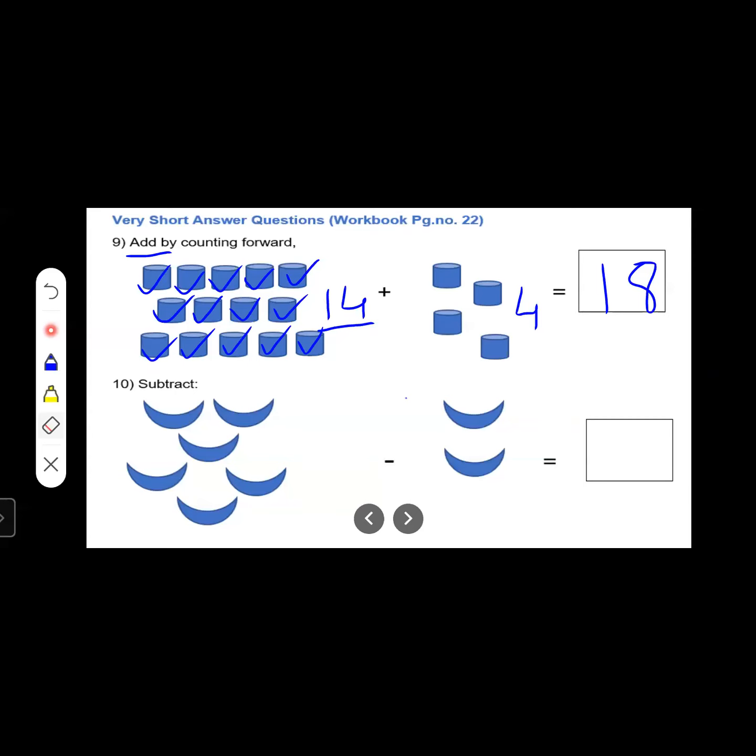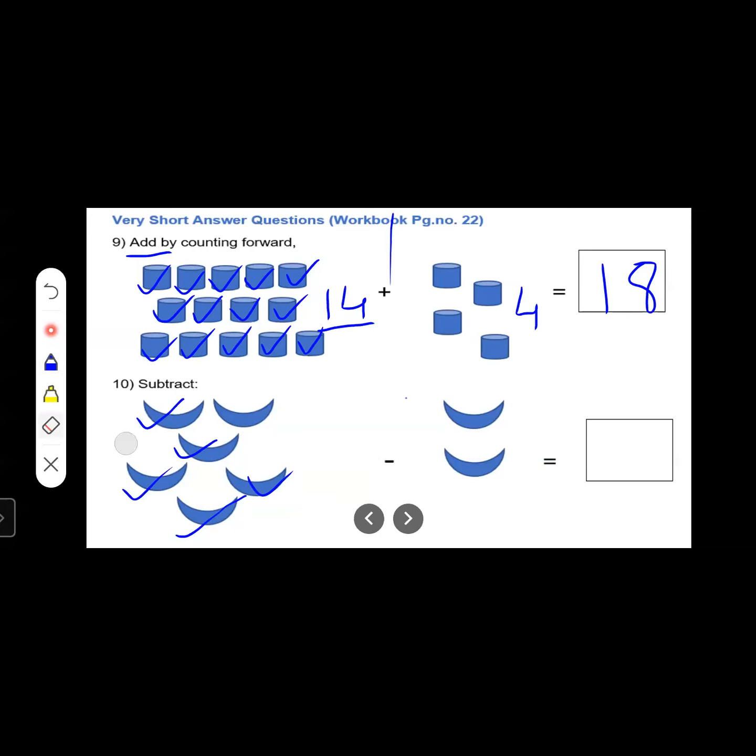Next. Now subtract. What is given? Subtract. So how many moons are there? First we have to count. Count with me. 1, 2, count loudly. 3, 4, 5, 6.